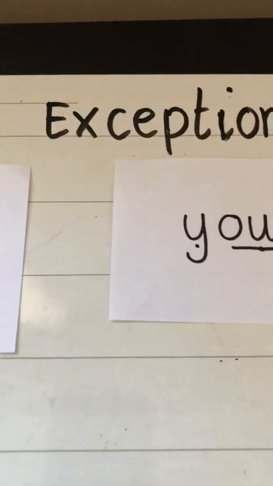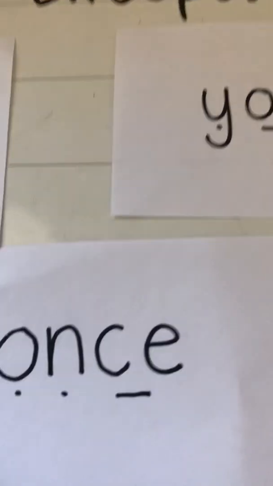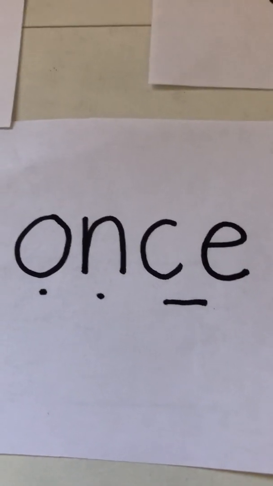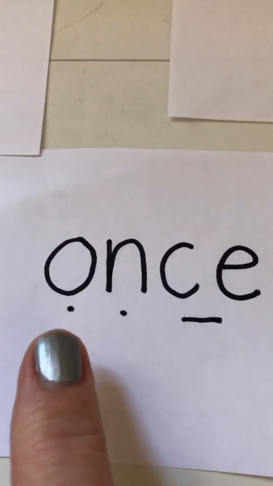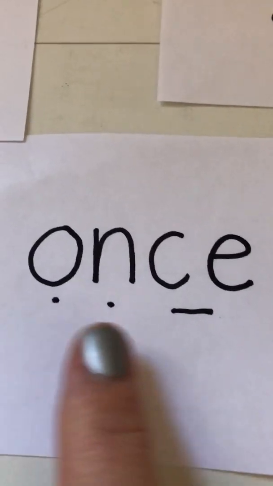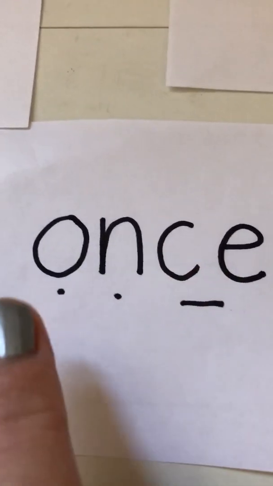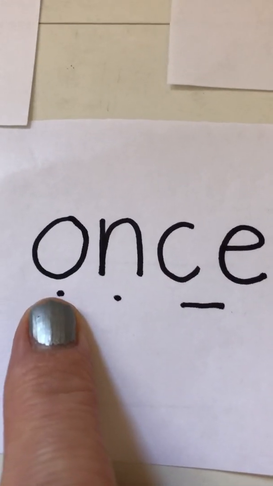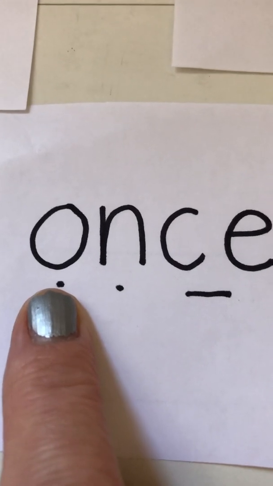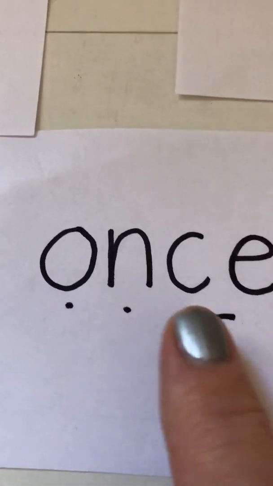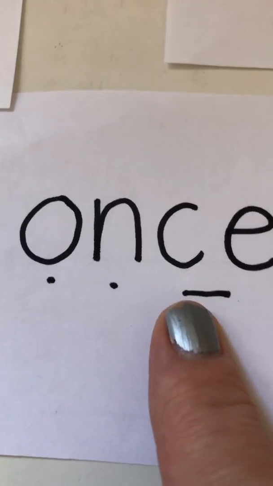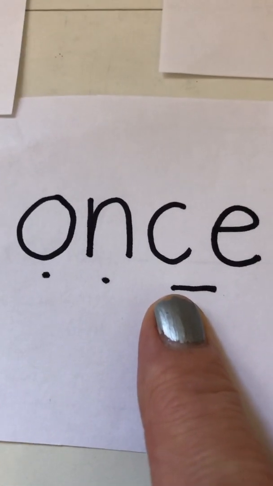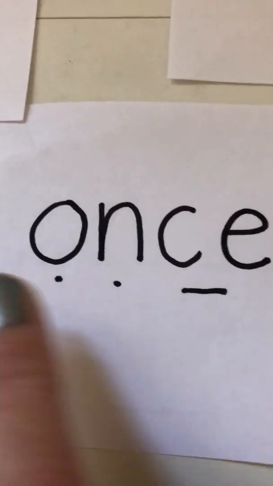And the last one for today. This is a really tricky one. It's really not how it looks at all. Once. So in this word, the O at the front is making a W sound, and the C, or the curly K, is making a S sound, which we've not learned yet, so it is quite tricky.